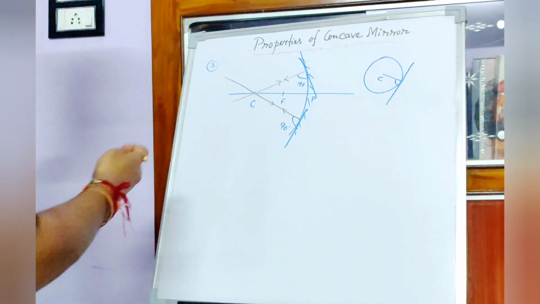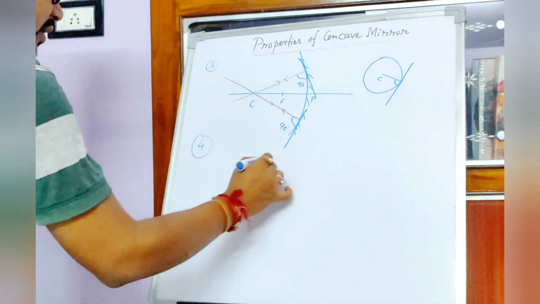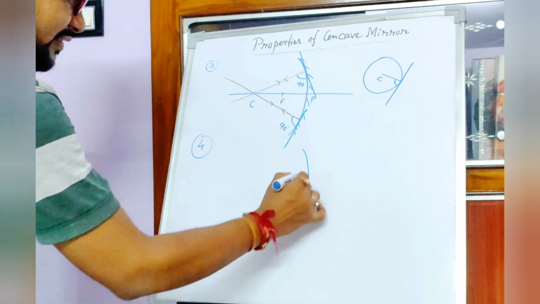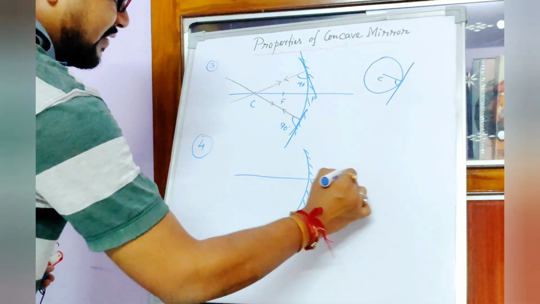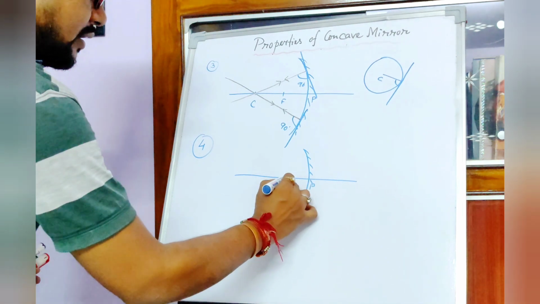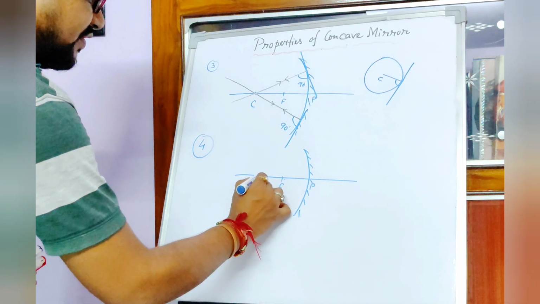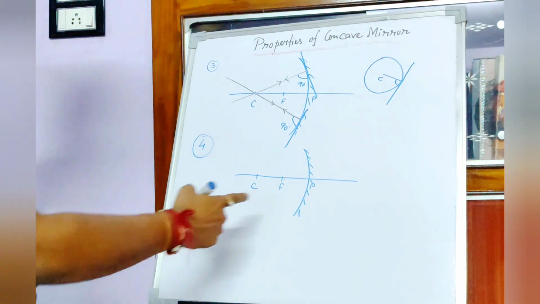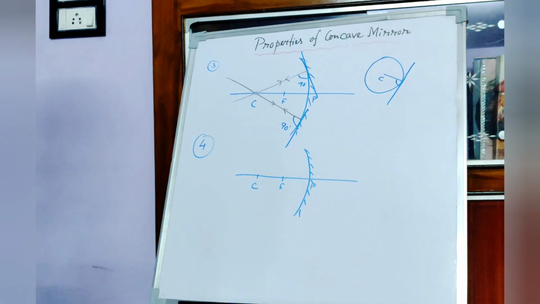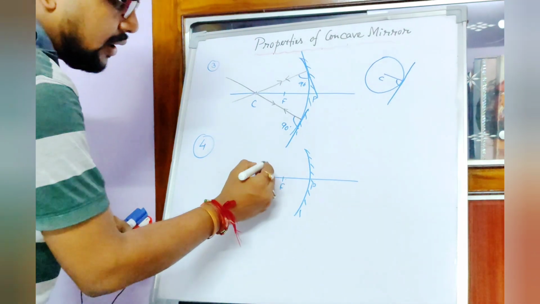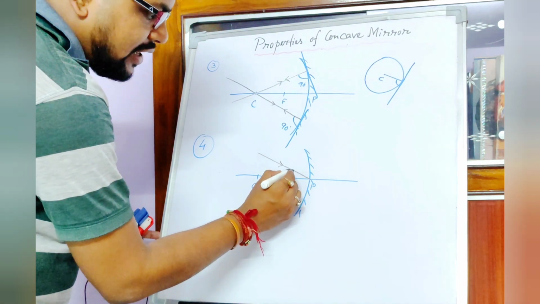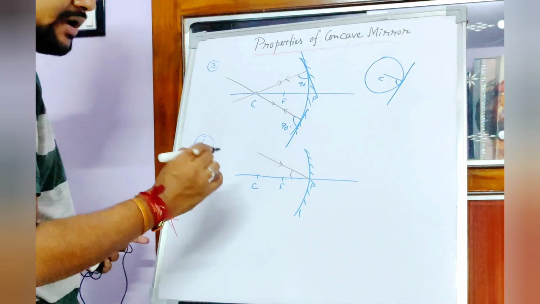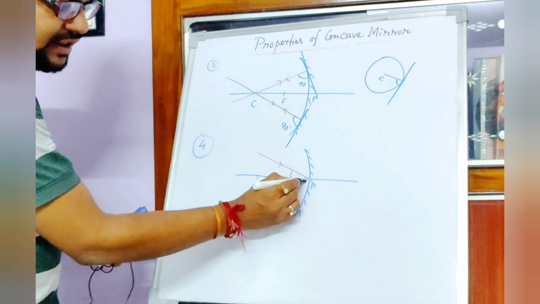And the fourth property is that for a concave mirror, for example, this is the principal axis, this is pole P, this is F, C is the center of curvature, F is focus. Now any ray falling at the pole at a certain angle will bounce back at the same angle.